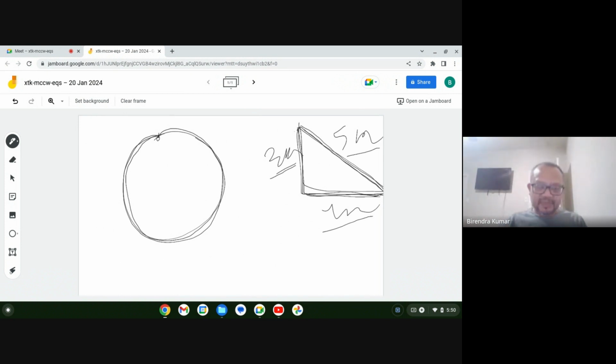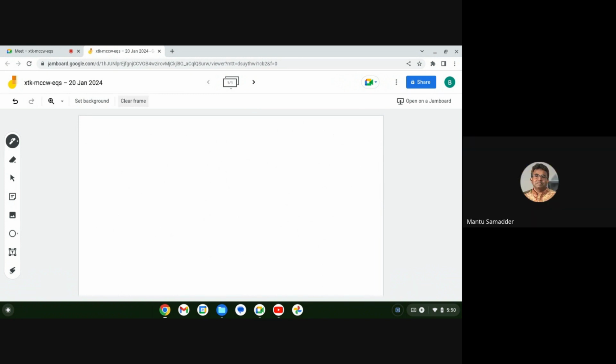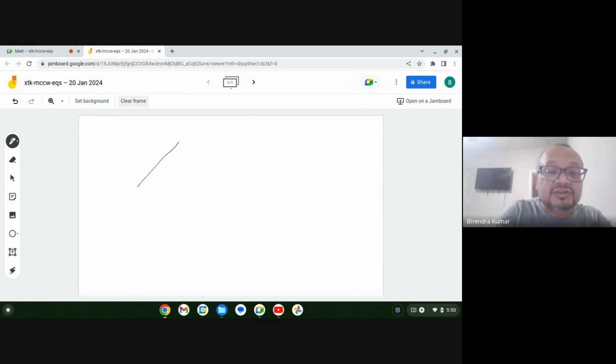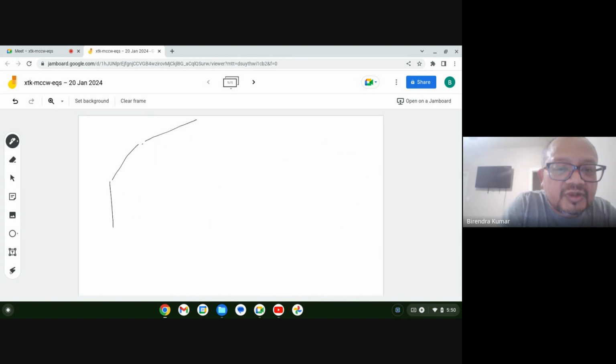If somebody says there is an octagon, let me see if I can draw an octagon. I'm just making an attempt to draw an octagon, okay?